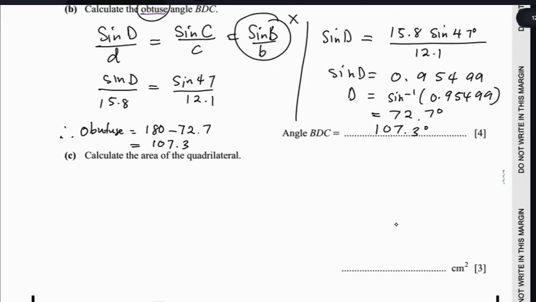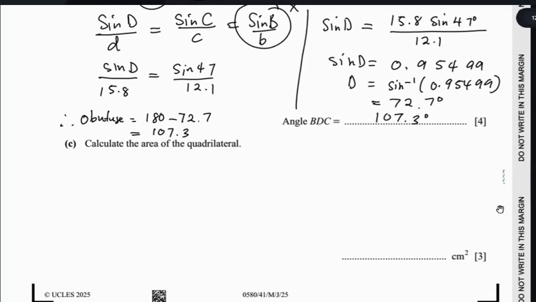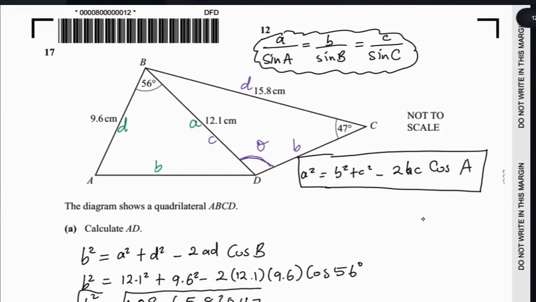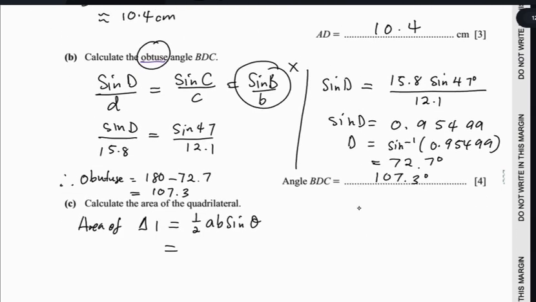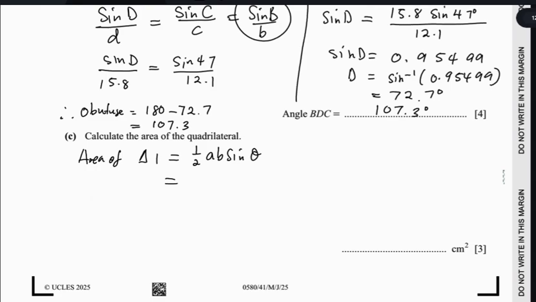Now let's move on to the next one. The question wants us to find the area of the quadrilateral. For you to get the area of the quadrilateral, you're going to use the area of each triangle. So you can say area of triangle 1 equals half ab sine theta. We're not using AB as such, but the two sides which form the angle, which are 9.6 and 12.1, and then the angle 56 degrees.